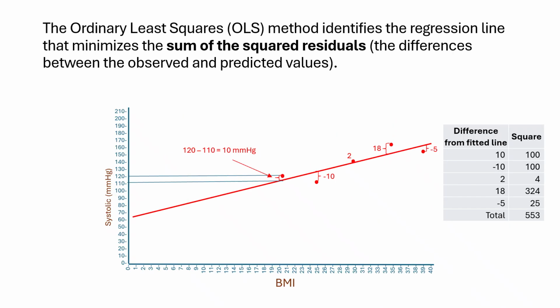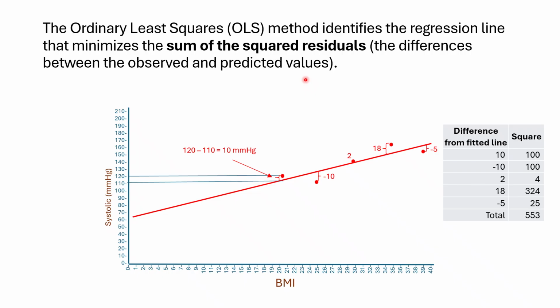The method used to determine the best fitting line is called ordinary least squares, or OLS, or sometimes it is simply called least square method, which identifies the regression line that minimizes the sum of squared residuals. And the residuals are in fact the differences between the observed and the predicted values.